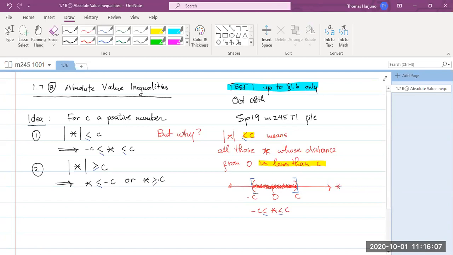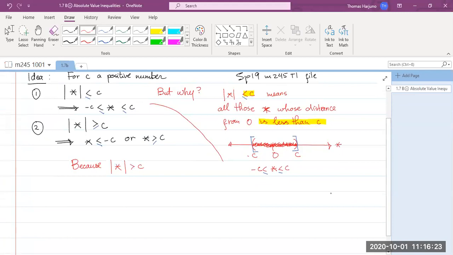Now, in case you wonder why, the same explanation as earlier: absolute value of blah greater than c means the distance of blah from 0 should be more than c.